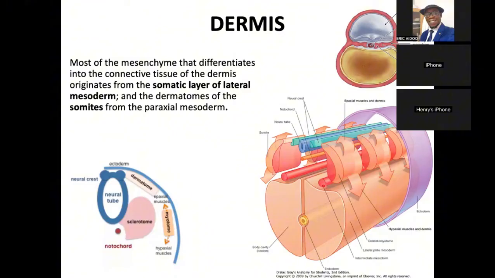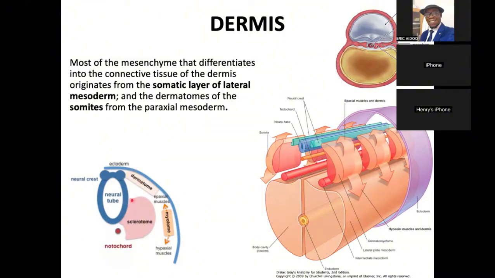And these two are the intermediate mesoderm, which I pointed to here. Okay, right. So dermatomyotome is there, and mostly the somites are going to come from the paraxial mesoderm. This one, the one which is very close to the notochord, paraxial mesoderm. Then you have intermediate mesoderm, and then you also have the lateral plate mesoderm.